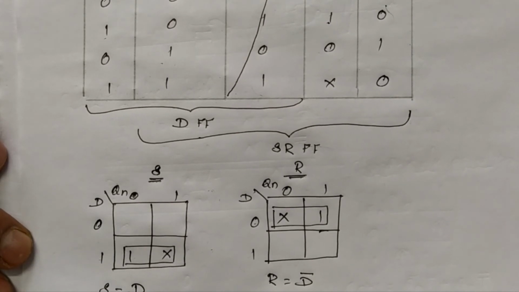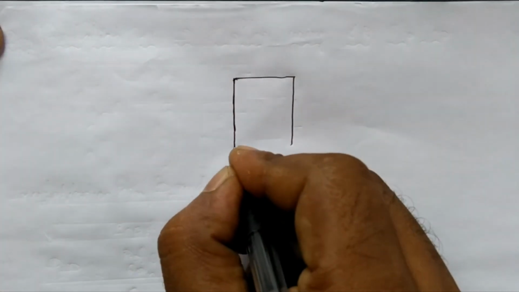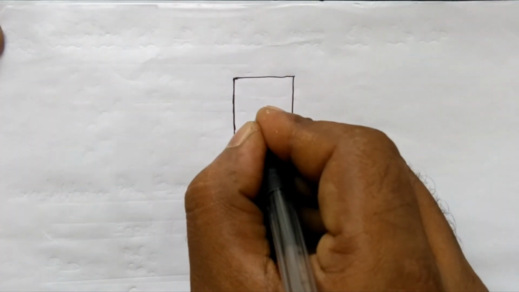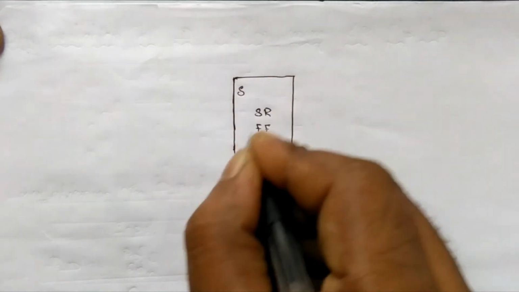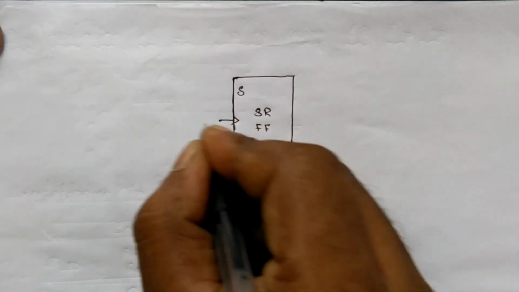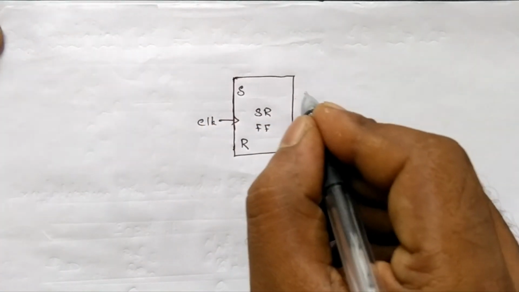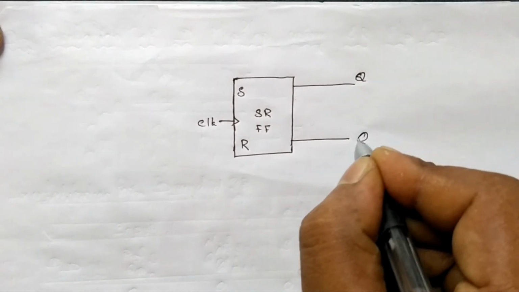So using these S and R values, we need to go for the implementation of the D flip-flop using the SR flip-flop. Here we have the SR flip-flop with two inputs, S and R, connected with the clock, and here we will have the output as Q and Q bar.